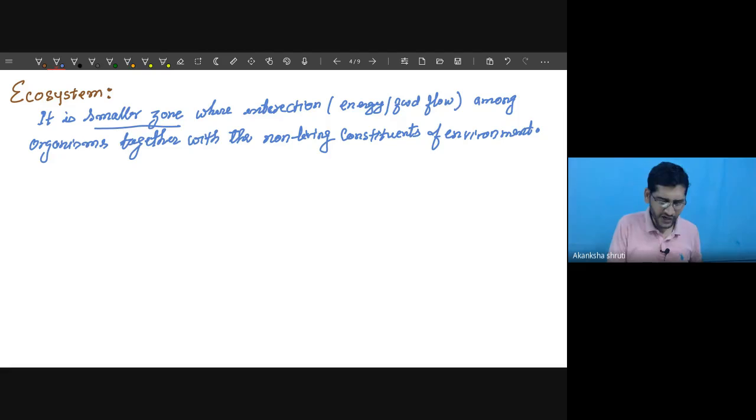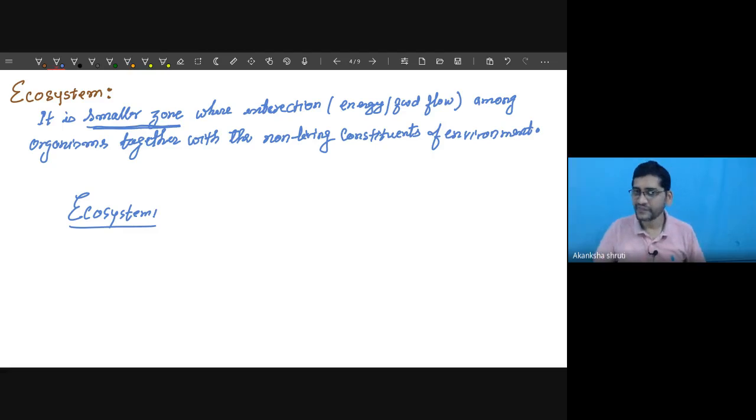So such a smaller zone is called an ecosystem. So students, what is this ecosystem? Just understand this carefully. An ecosystem is a region or zone.